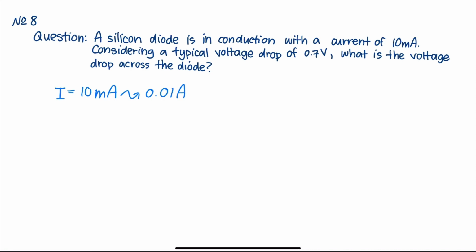Then we have VF, which is forward voltage, and it's going to be our voltage drop. And then we're looking for the overall voltage drop across the whole circuit.